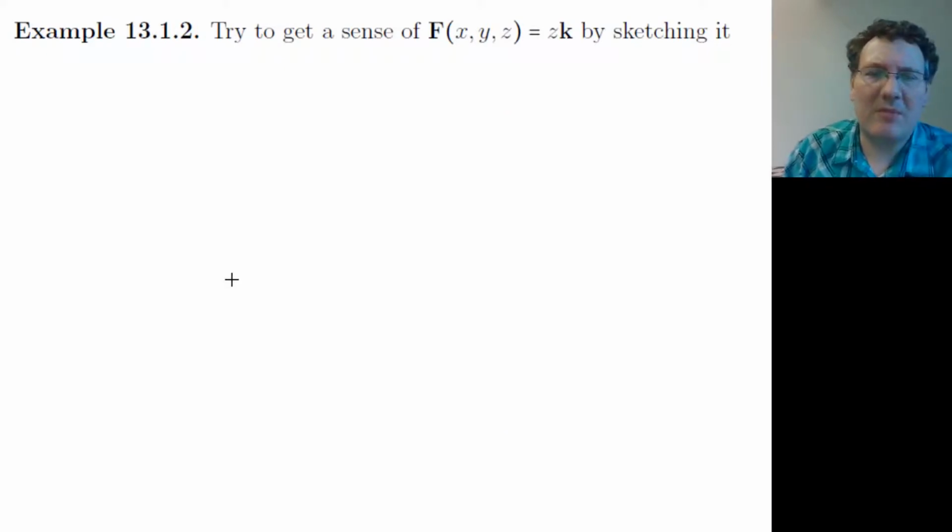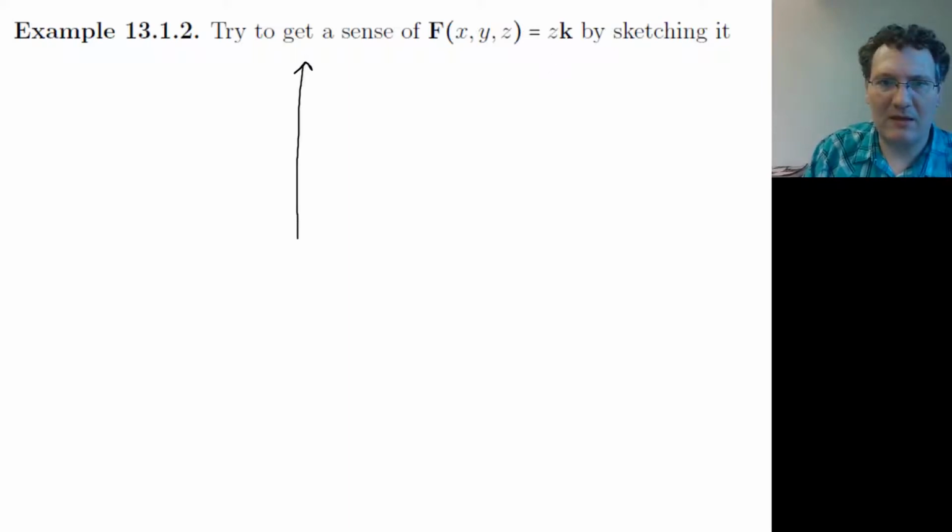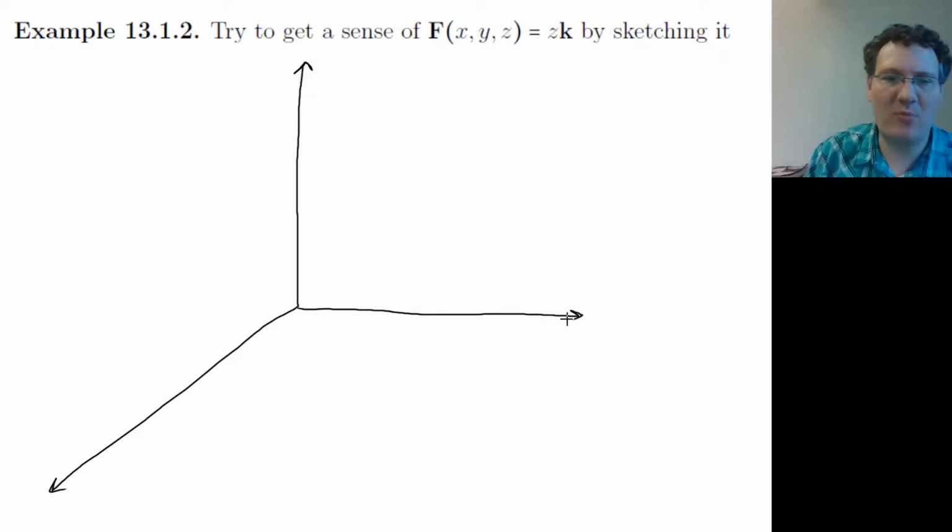So let's think about a three-dimensional vector field where f of x, y, z is zk. If we were to look at any point, say, let's take the origin, it'll be the zero vector, because f of 0, 0, 0 is just going to be the zero vector, right?